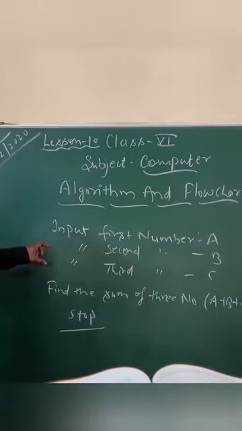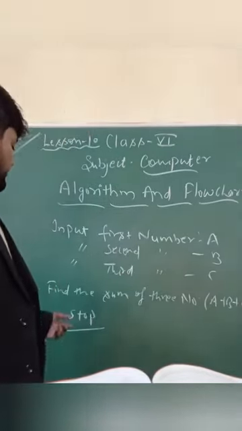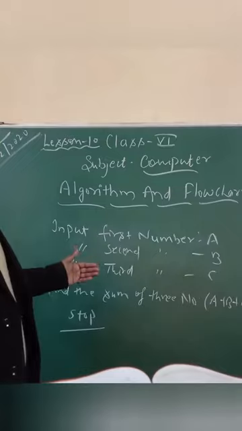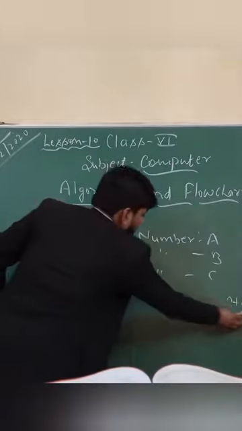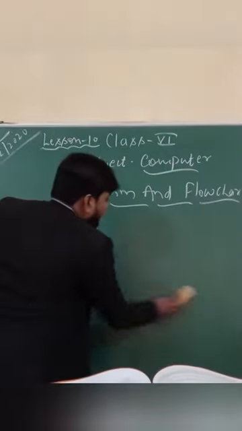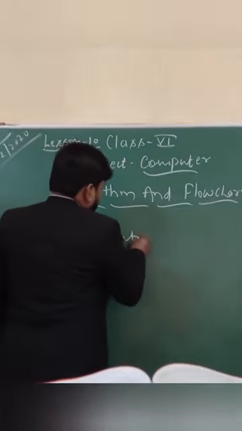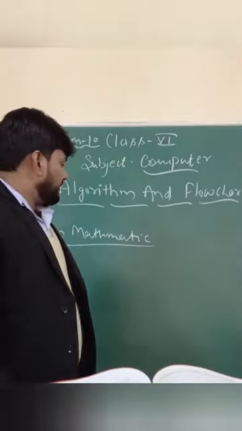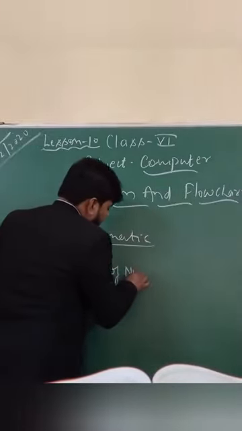Then if you want to find the average of 3 numbers, 2 steps are added here. The first is to find the average. In mathematics, you know very well how to find the average of numbers.